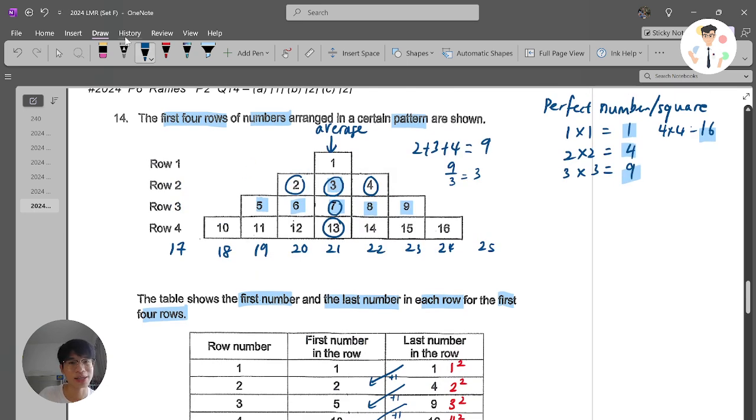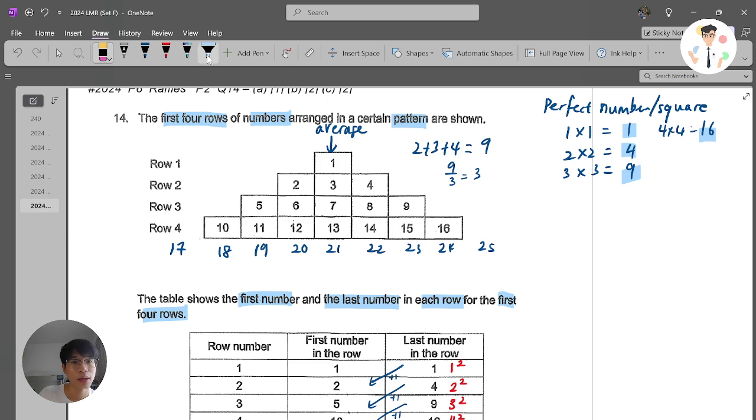If you notice the way I'm doing it, let me just show you a bit. 4 plus 2 is what? 6. 6 divided by 2 is 3.